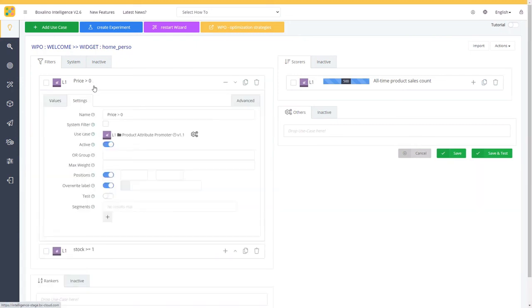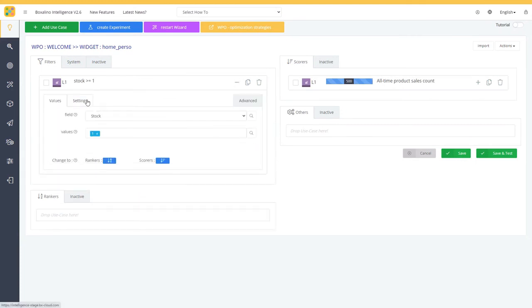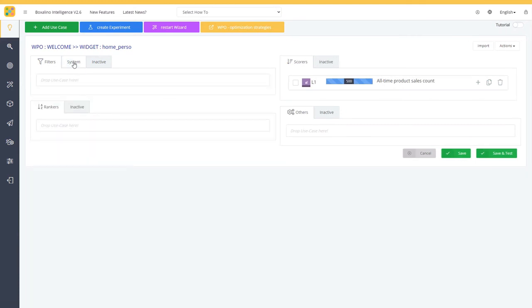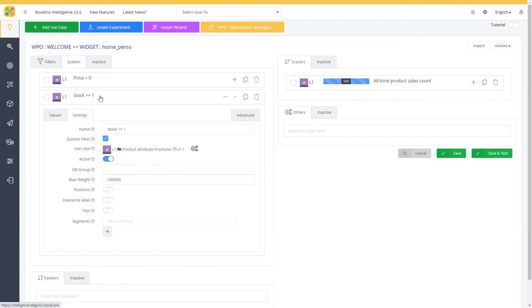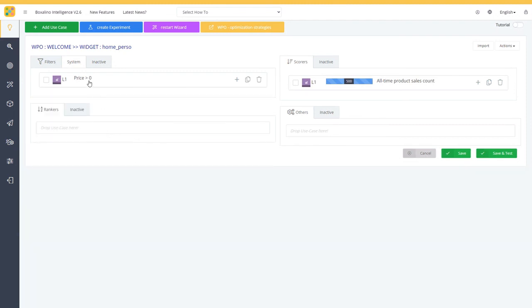Now, if I set this price as a system filter and this stock as a system filter, so if I set both as system filters, they cannot be removed. So that means that it's a way to say to the system, yes, you have to relax filters as much as you can, but not these ones. And if it would happen that these ones limit the scope to be less than these 8, then so be it, we will show less than 8. So that's basically the difference between a system filter and a normal filter.